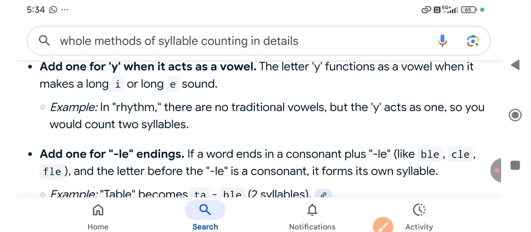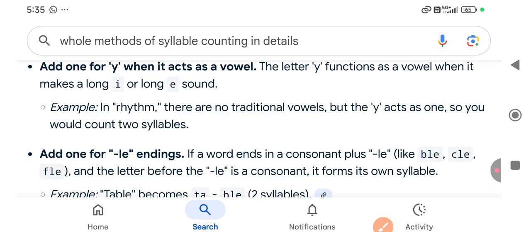The letter functions as a vowel when it makes a long I or long E sound. In rhythm, there is no traditional vowel, but Y acts as one, so you would count two syllables.